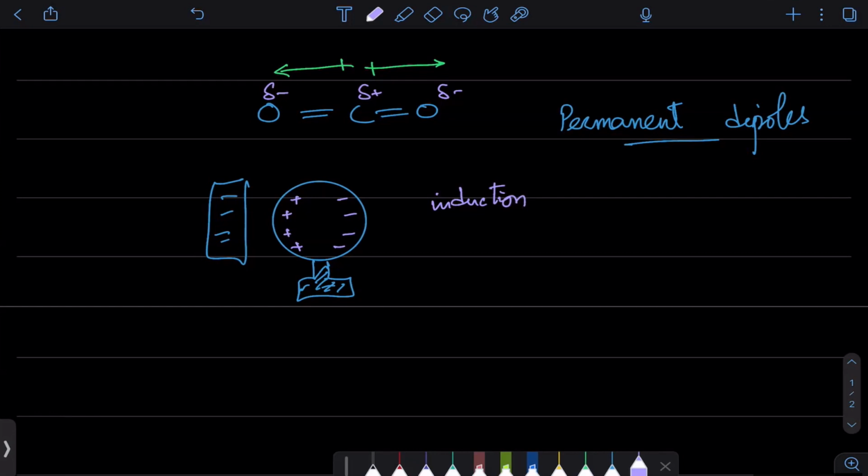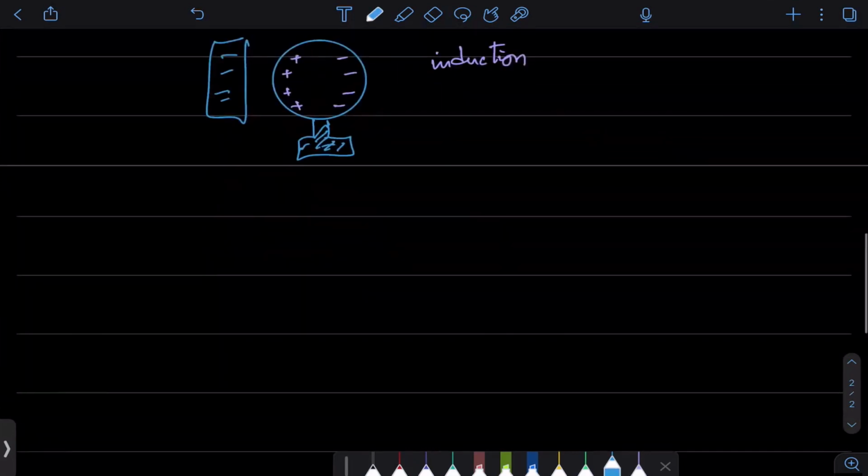And when it does that, there are going to be small dipoles being created. Let's take noble gases, for example. I have argon. I have another argon. When this one approaches this, the electrons from this side are repelled to this side.